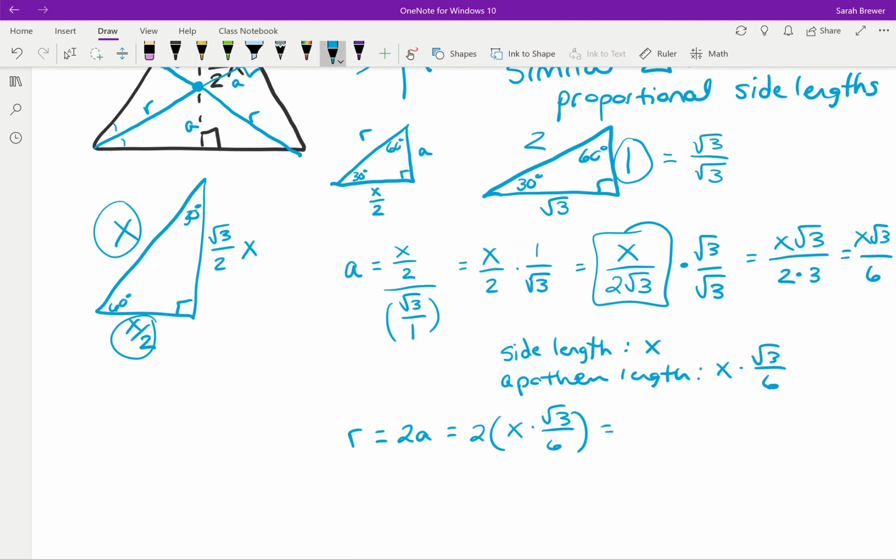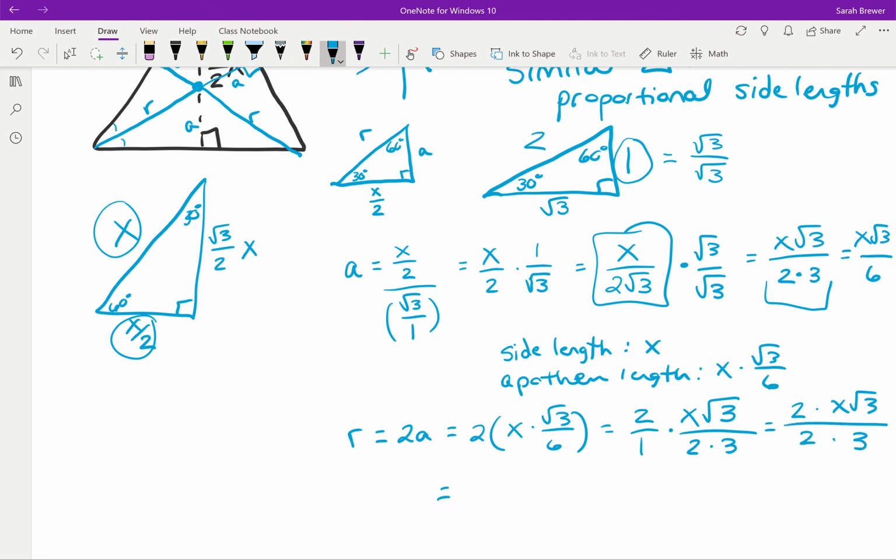Let's see, how do I want to explain this? 2 is the same as 2 over 1, and maybe I'll actually leave this as x root 3 over 2 times 3, right? That was one of the ways we had that written. And I mentioned before that multiplication is commutative, so I can multiply this in any order that I want to, and I don't need the 1.